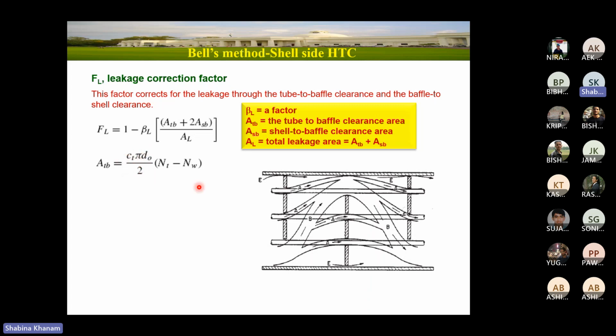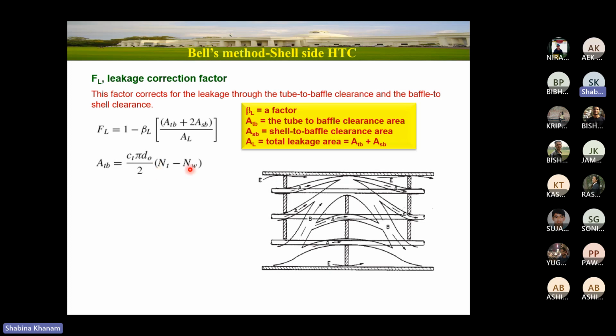Because this CT is the clearance between tube to baffle. I think I have told you CT is the baffle to tube clearance by 2. But CT is the baffle to tube clearance only. By 2 we have already divided over here. So that would be the area of one clearance.